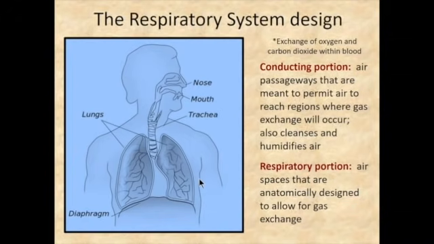And then there's an anatomic shift over into the location where you have alveoli, where gas exchange is going to occur. We call that part the respiratory portion. Most of the structures we're going to talk about make up the conducting portion, but if you looked at surface area, the alveolar surface area is much larger.